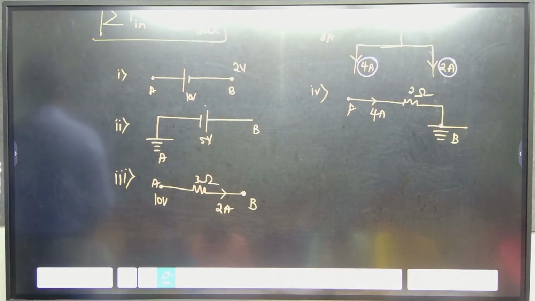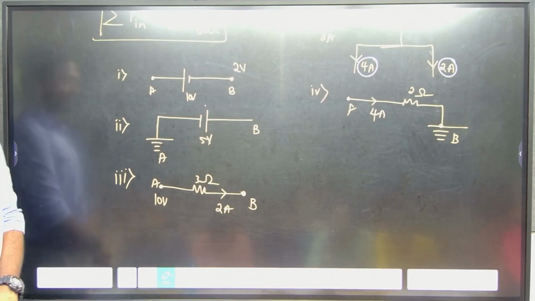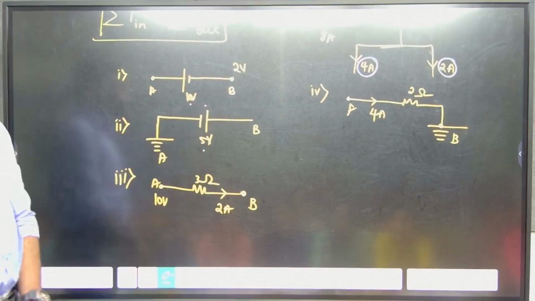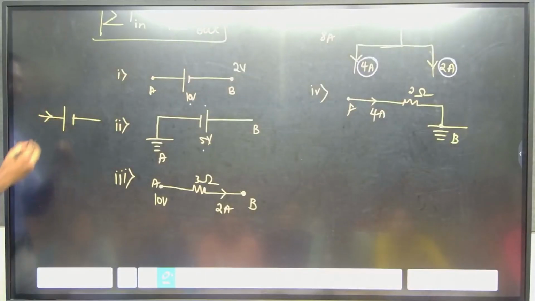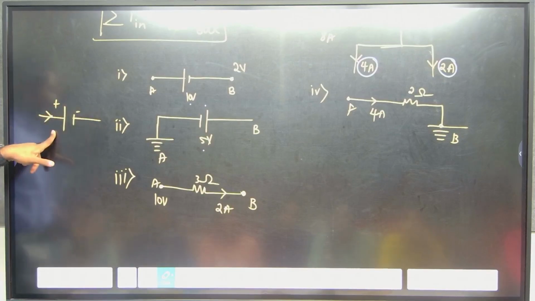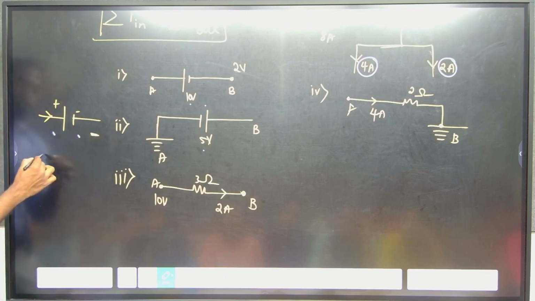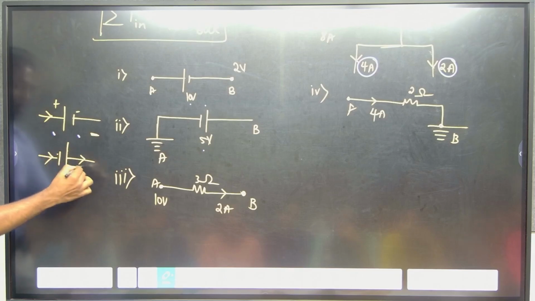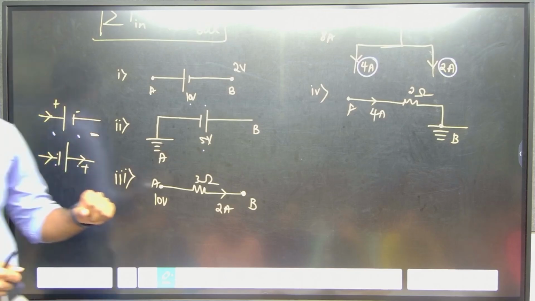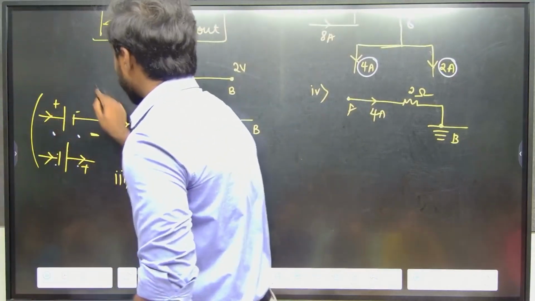Here, how to find it: these are my potentials, no? 10, 5 are my potentials, like the batteries. If I am going in this direction, this is my positive and this is my negative. I have entered in positive but came out as negative, which means it should be minus. If this is my direction, I have entered in negative and came out as positive. Okay, so remember these two things.